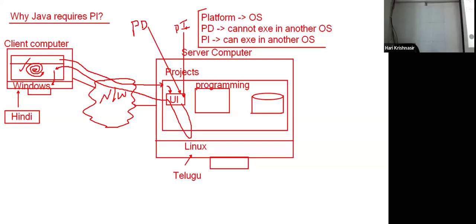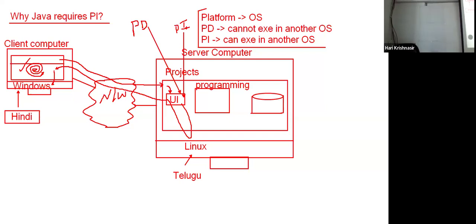The inventor of C, the father of C. Why did you develop C for standalone application development? Why not internet? He will look at his face and say, at that time, the internet was not there, buddy. What could I do? So at that time only standalone application development. These internet facilities were not there. So the C language was invented with the features to develop standalone applications. For developing standalone applications, platform independency is not required.